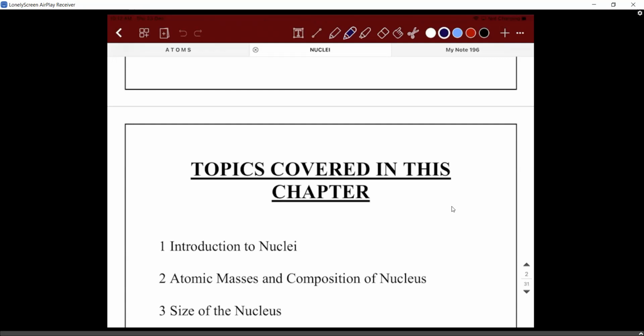In the nuclear chapter, radioactivity is not there. Fission and fusion alone, I have to check.